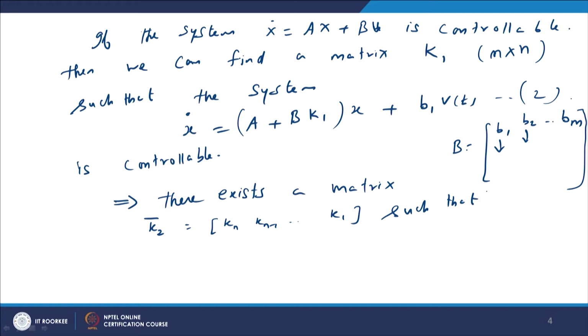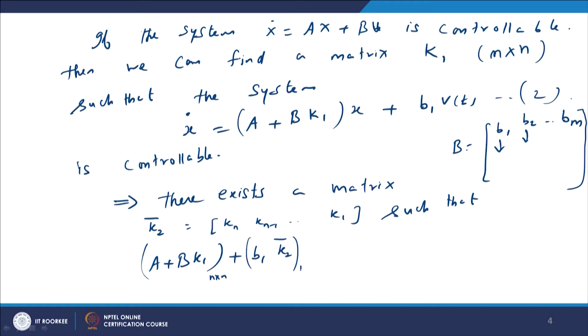the state matrix is A plus B K1, and the control matrix is B1, with feedback K2 bar. So, we can show that A plus B K1, the matrix already given, plus B1 into K2 bar, is an n cross n matrix.